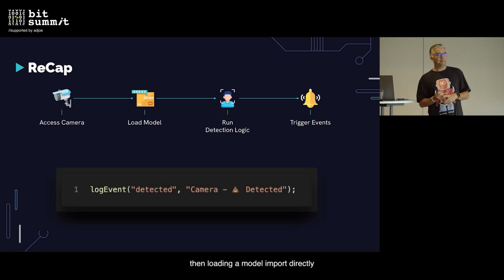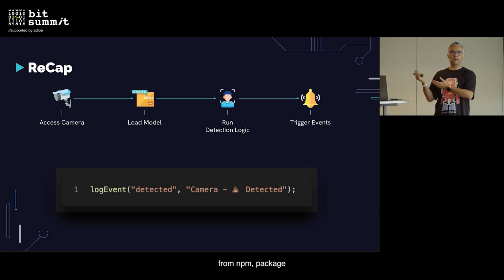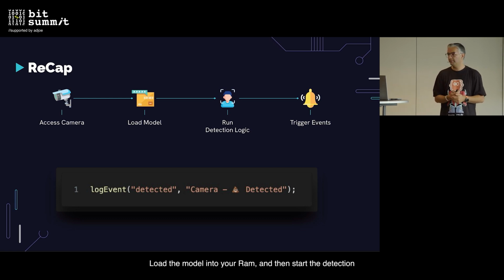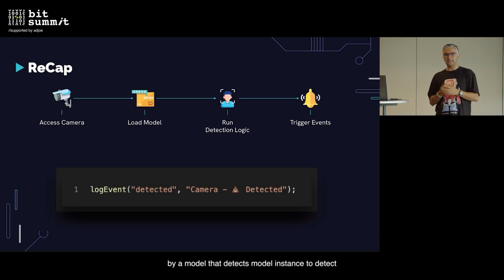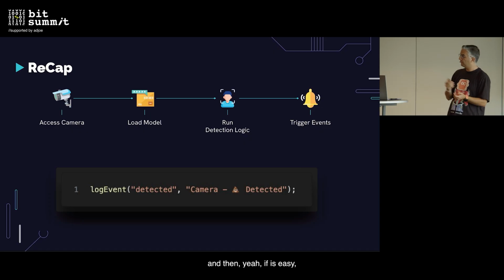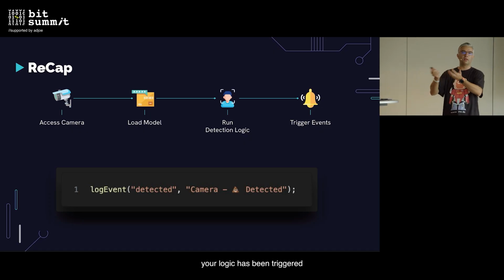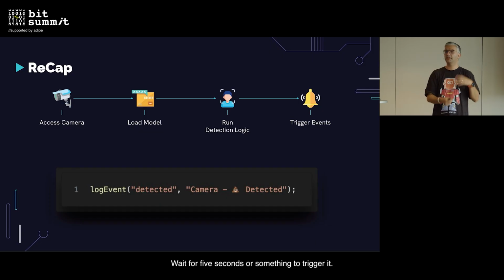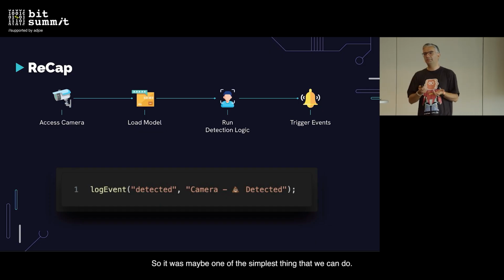Then loading a model, import directly from npm package that you have already installed, in this case Coco SSD, load the model into your RAM, and then start the detection by model instance that detect, and then if your logic has been triggered, you can have your own logic, wait for 5 seconds or something to trigger it. So it was maybe one of the simplest things that we can do.